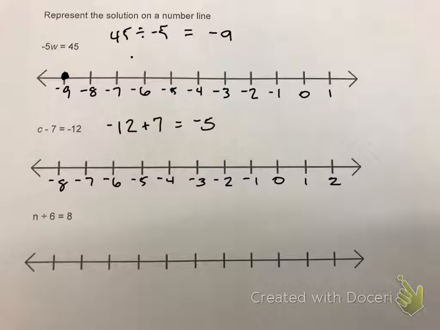And since the solution was -5, we're going to put a dot right there at -5. This example, I want you to solve on your own, but there are more things that we're going to cover in the video, so don't stop the video just yet.